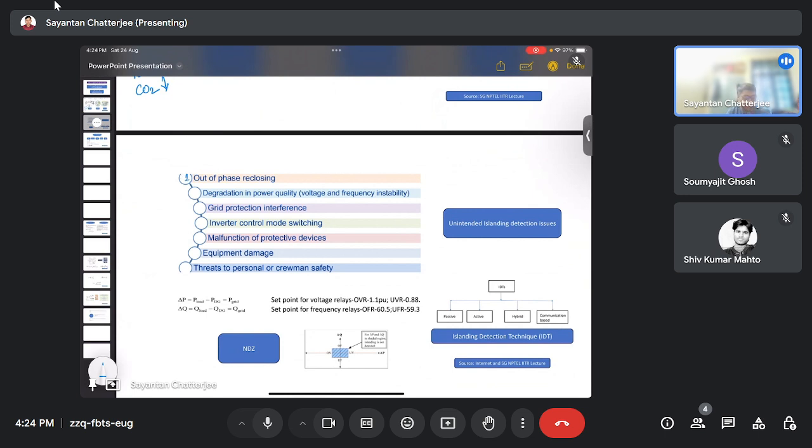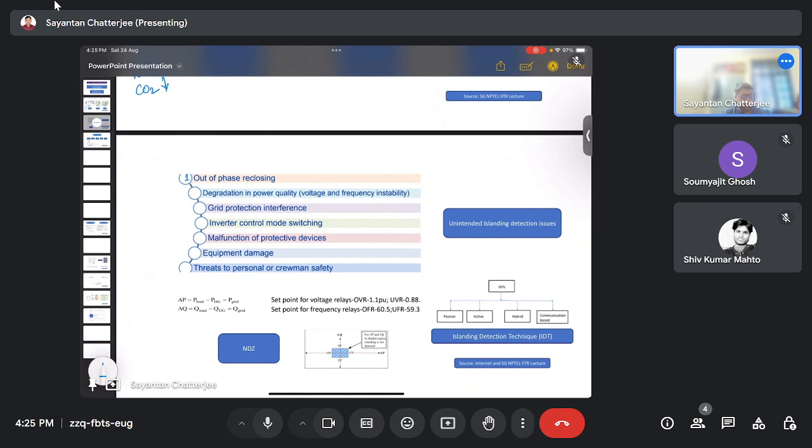This can't be done, right? Whenever the two breakers are in synchronism, when the grid side and load side frequencies match, within a tolerance, only then can the breakers be closed, right?